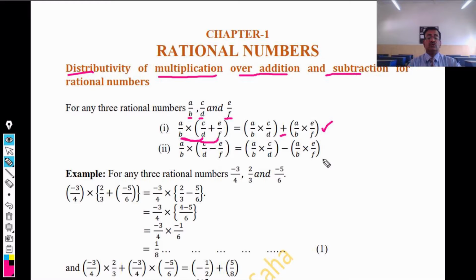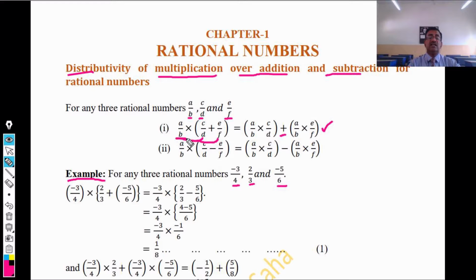Now, take an example to understand in a better way. Take any rational numbers. You can take negative rational numbers or positive rational numbers, or you can take some negative and some positive rational numbers. I have taken 3 rational numbers, minus 3 by 4, 2 by 3 and minus 5 by 6. For these, let us verify.